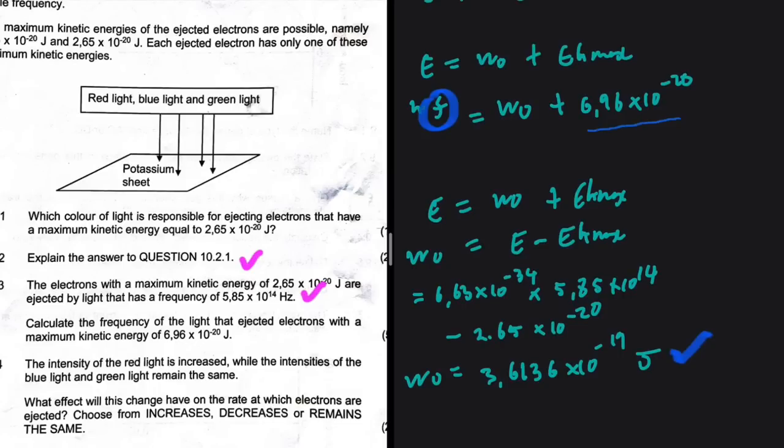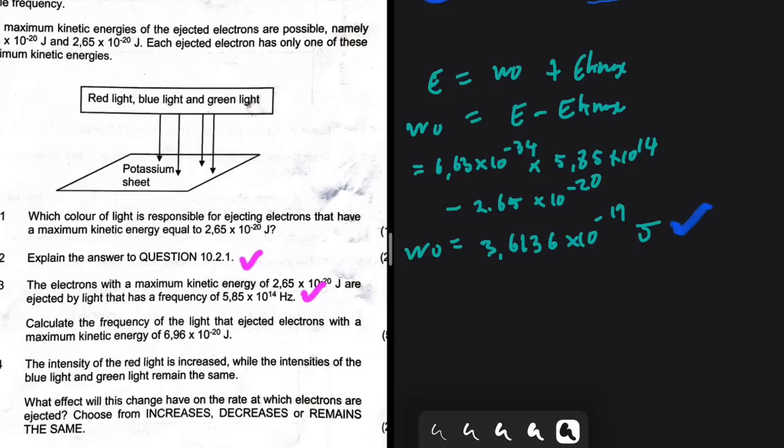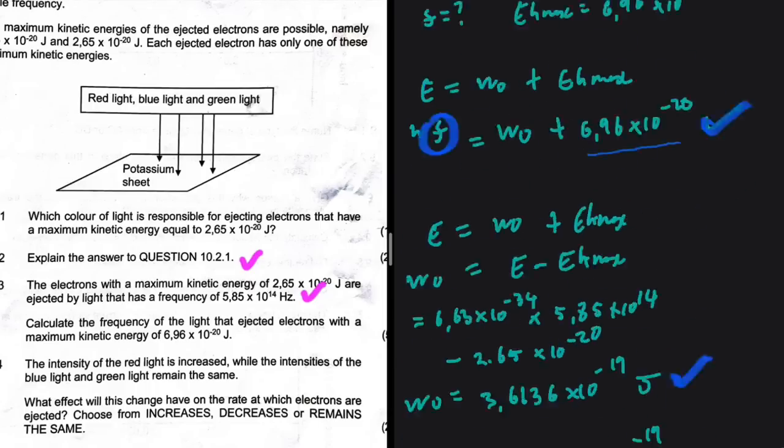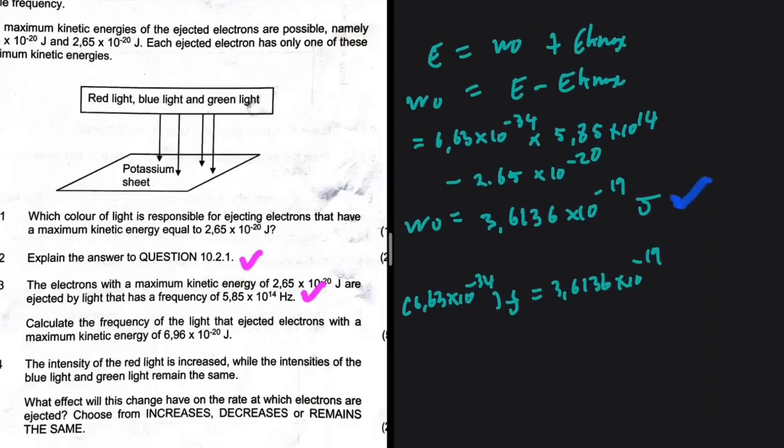We can then substitute it back into this equation. So if we do that, we're going to have Planck's constant, 6.63 times 10 to the minus 34, multiplied by the frequency, that's what we're interested in, so multiplied by f, is equal to the work function, 3.6136 times 10 to the minus 19, plus the EK max, not minus.